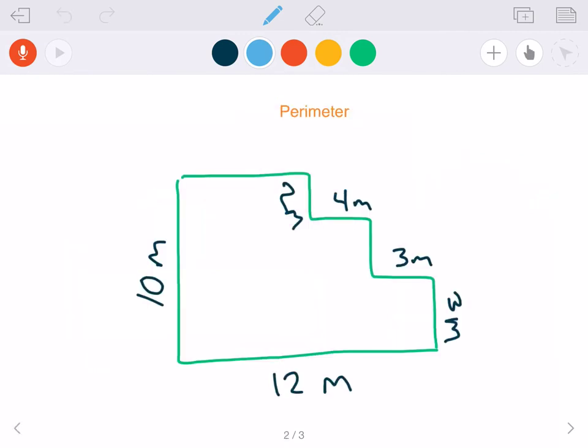So first we're going to focus on perimeter. Just a reminder, perimeter is taking all of the sides and adding them together. If I'm counting up all the sides, I've got 1, 2, 3, 4, 5, 6, 7, 8. So I have 8 sides.